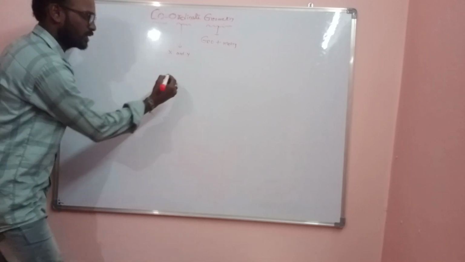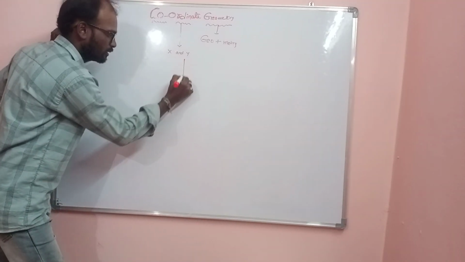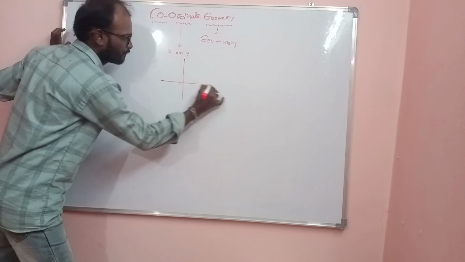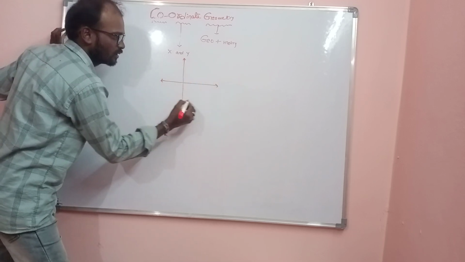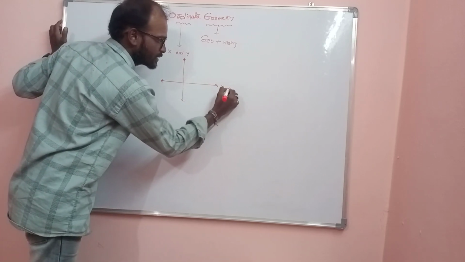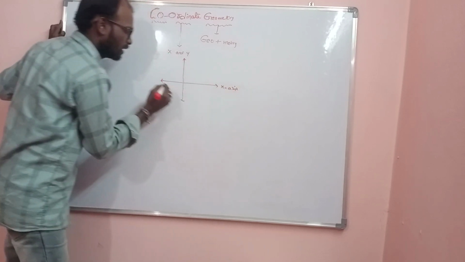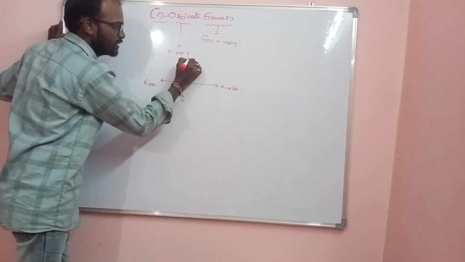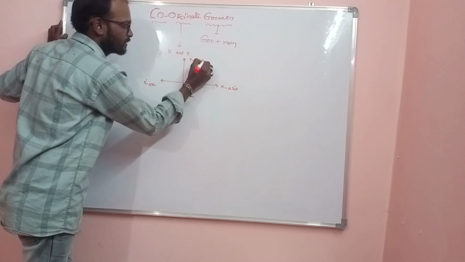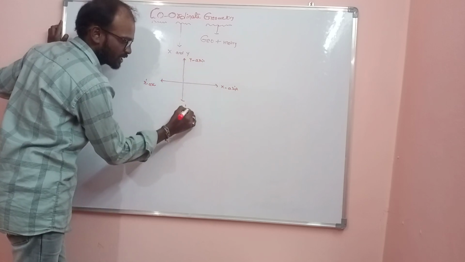First, we can see the diagram. It is the x-axis, the x dash axis, this is the y-axis, and this is the y dash axis.